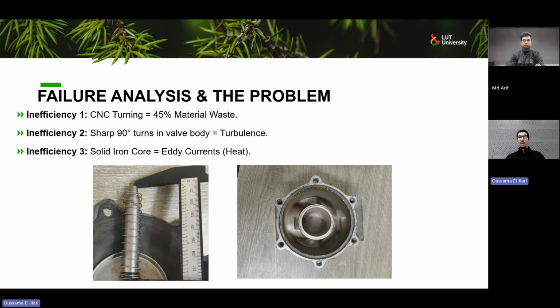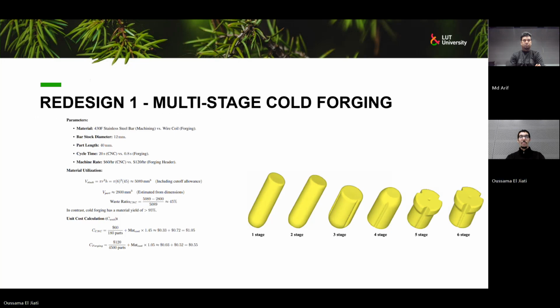Inefficiency number 2, looking at the valve body on the right, the internal flow path has sharp 90-degree turns. So fluid dynamic principles tell us that this causes turbulence and pressure loss. Inefficiency number 3, the solenoid uses a solid iron core, which generates heat due to eddy currents.